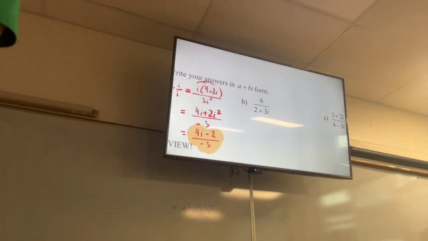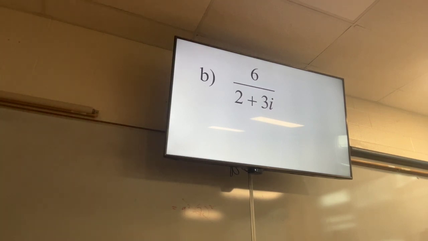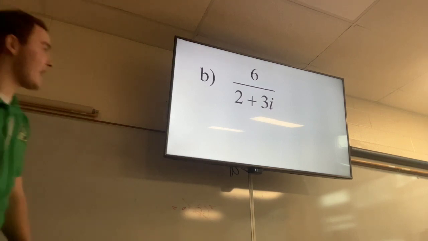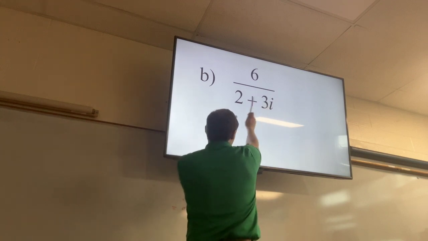Now what's different about B, the denominator in B? Yes, it's complex. There's not just a 3i, there's also a 2 there.